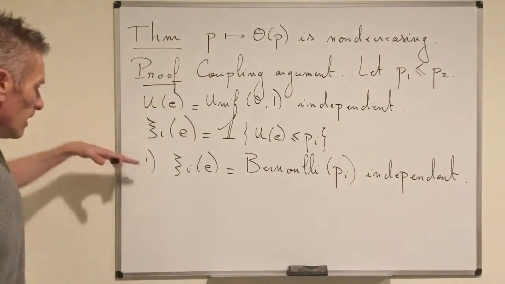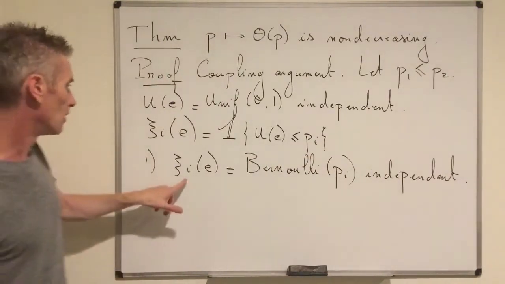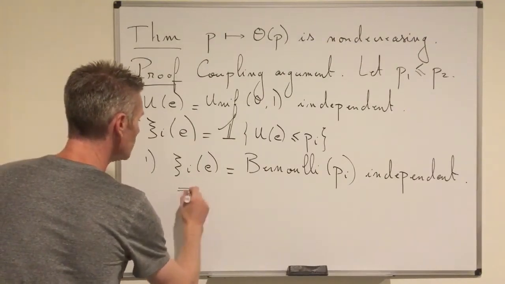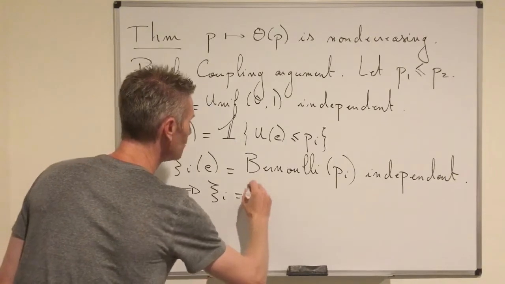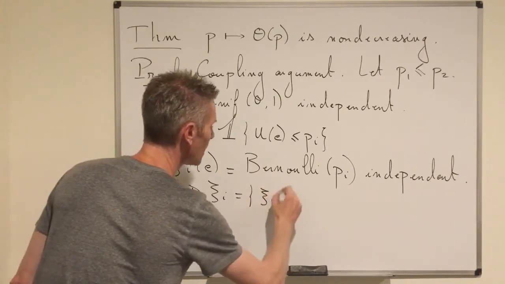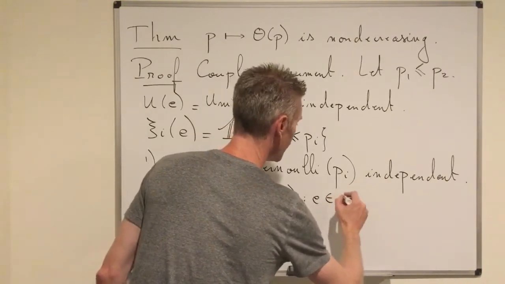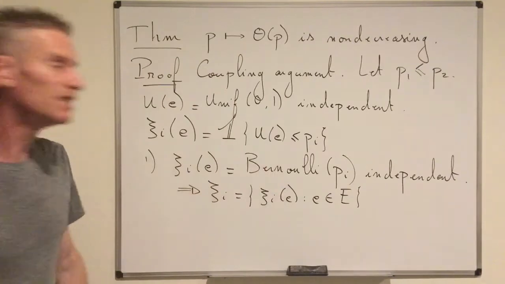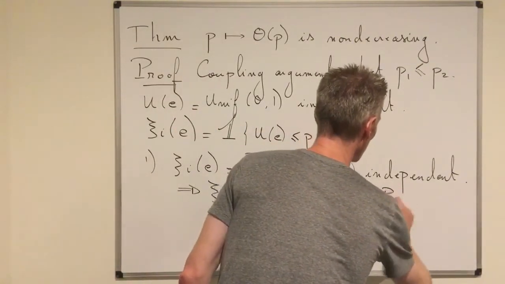of E. And so from this first point, we can deduce that Xi, so I can write it here. So this implies that the process Xi, and by Xi I mean the collection of the Xi of E for all E in a set that I'm going to write E like that, that's the set of edges. This is indeed a bond percolation process. I'm going to write BP.